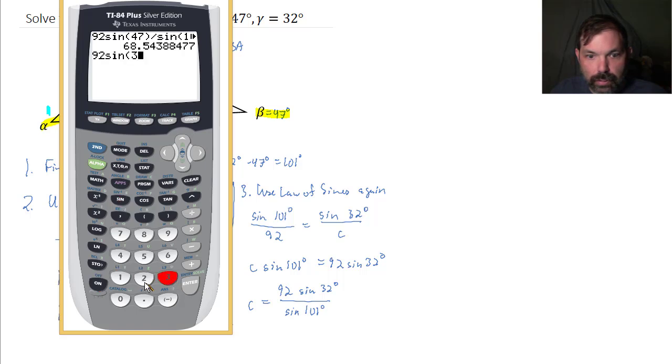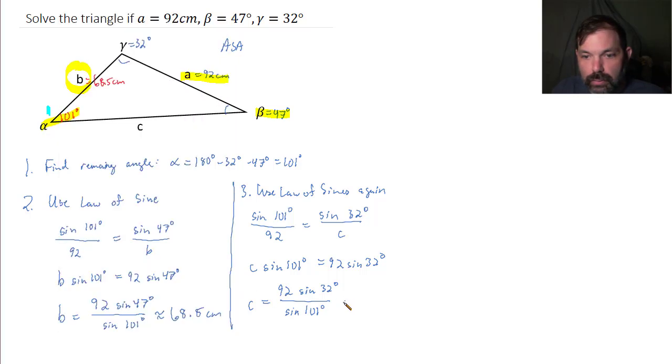Calculating, 92 sine 32 degrees divided by sine 101 degrees is approximately 49.7, and this would be in centimeters. Now, if you're not getting those values, more than likely you're in the wrong mode on your calculator, so fix your mode.